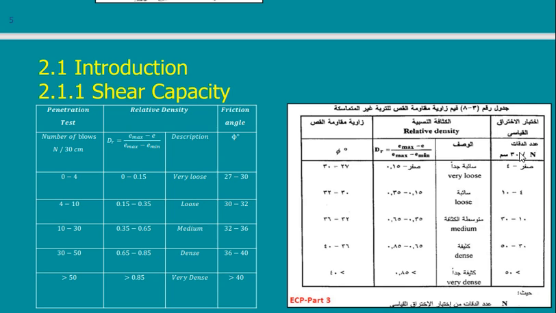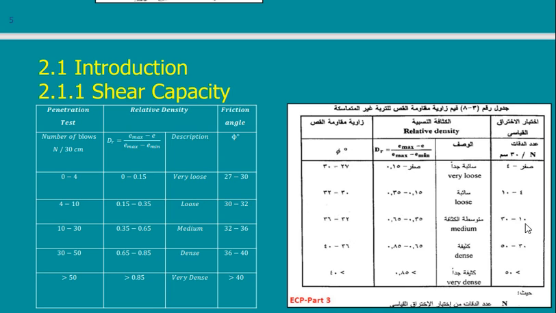They gave us the number of blows of the SPT test, you remember the SPT test that we do in site investigation? Once I go with the number of blows and I go here, this is the phi angle.